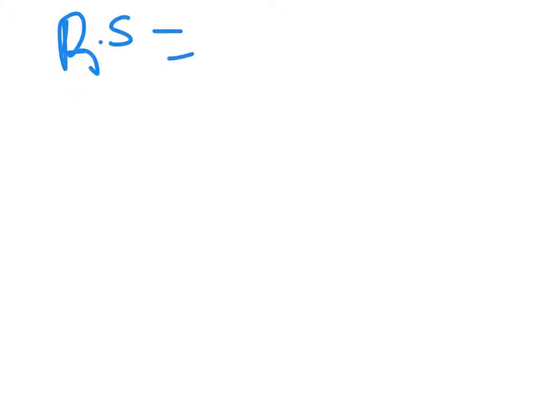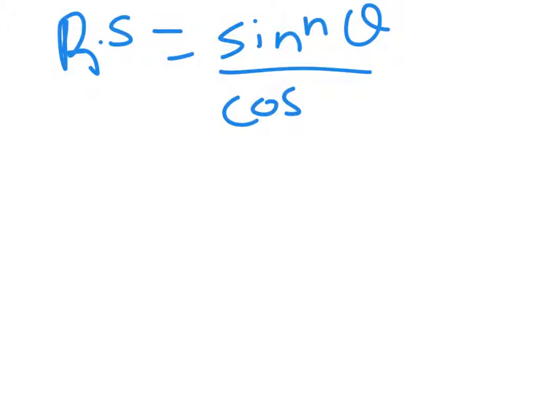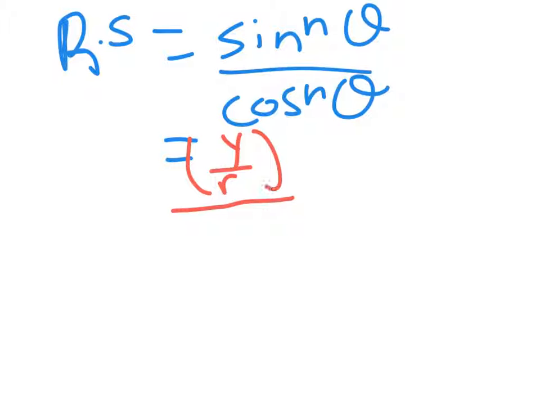And our right side equals sine n theta over cos n theta. And again, we can write these in our x, y, r terms. Our sine is y over r, all over our cos, which in x, y, r terms is x over r. To get rid of the denominator, we multiply by the reciprocal.